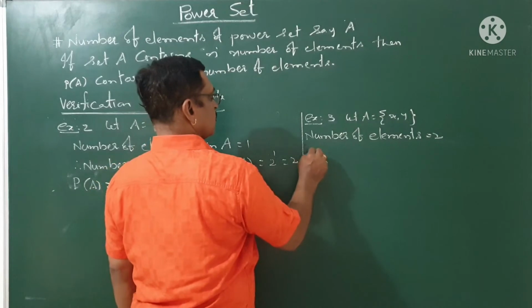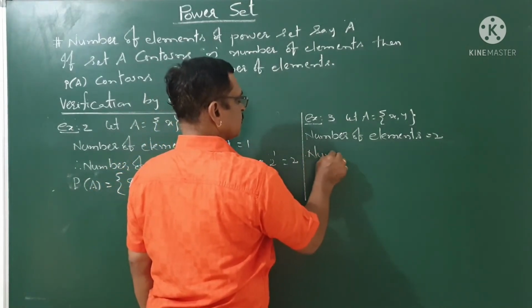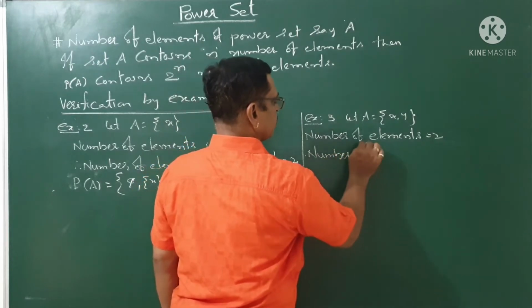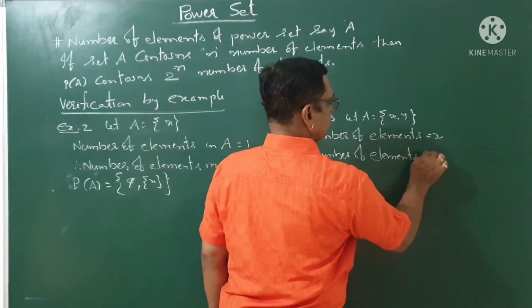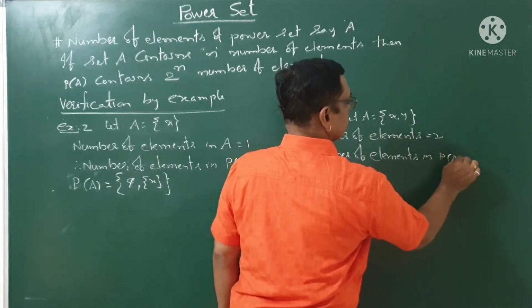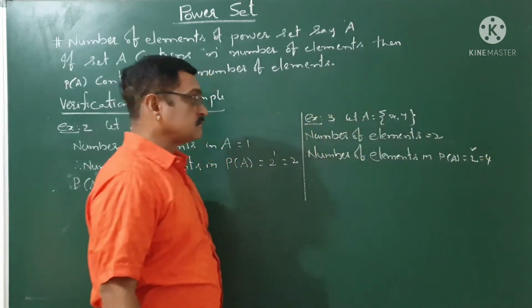Therefore, the number of elements in P of A is equal to 2 square, 4.